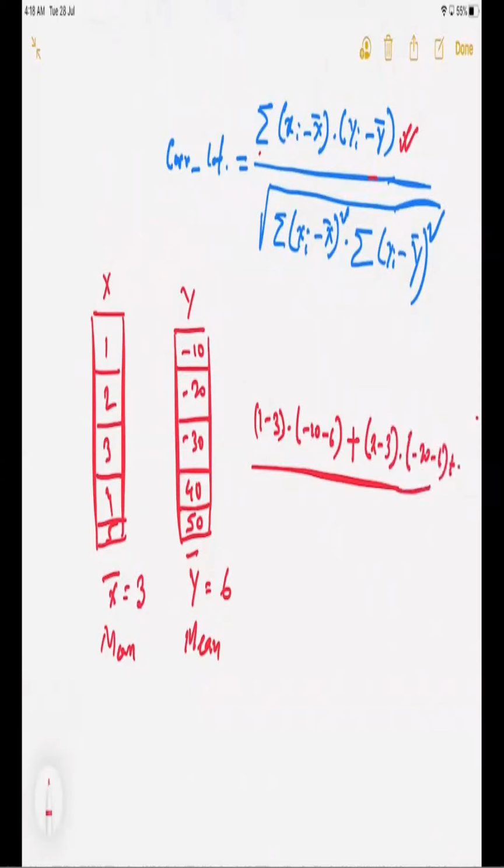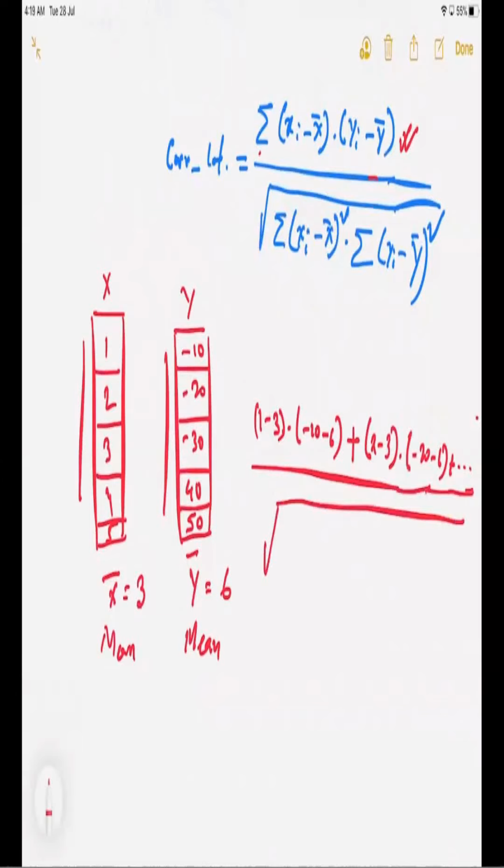I'll say plus, and this formulation will keep on going, and it will repeat for all the 5 elements of x as well as all the 5 elements of y. Now, for the denominator part, we're going to have a root, and inside the root, we're going to have the summation separately.